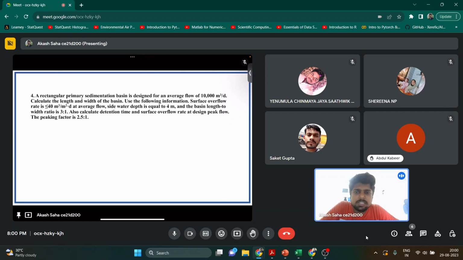Go through the problem once again. Try to note down the key parameters. The side water depth is equal to 4 meter. That is the depth. You can take it as the depth of the primary sedimentation tank.